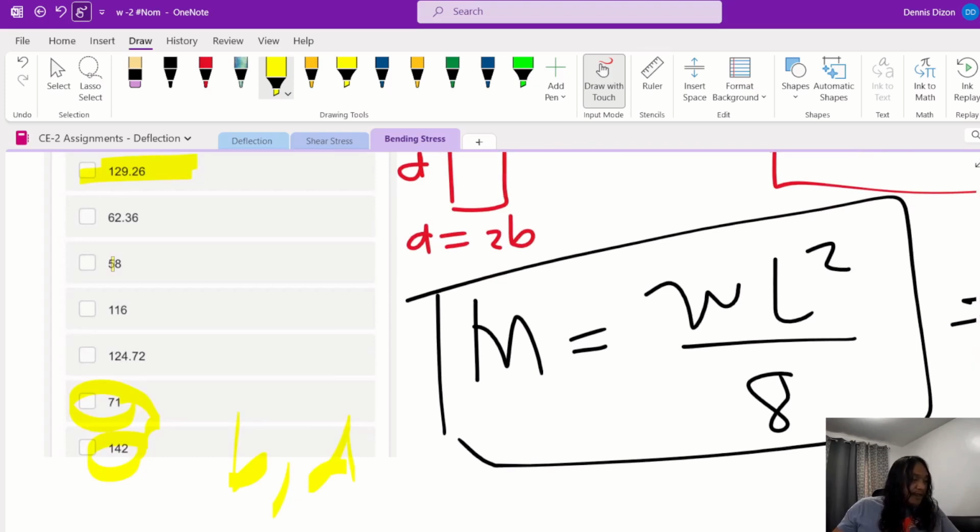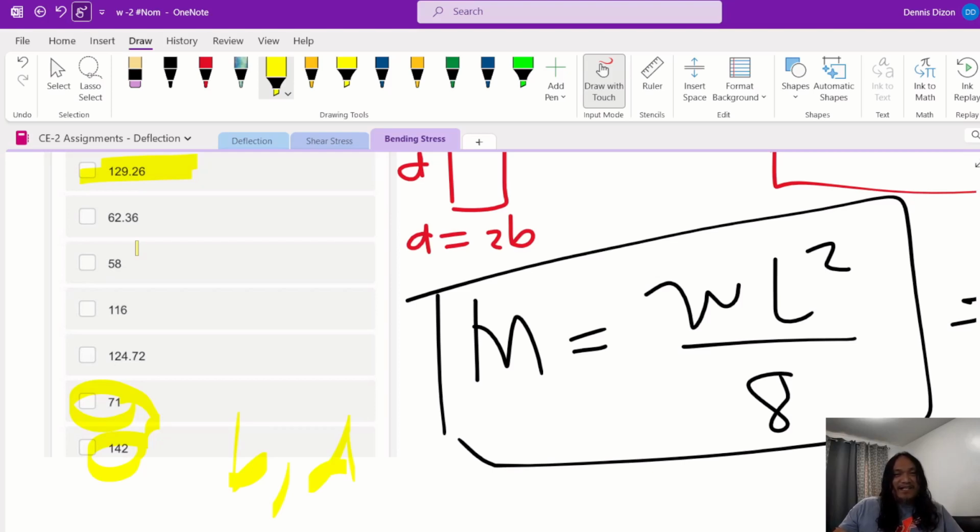For example, during the exam, in the board exam, the question will not ask you to determine the correct answer or dimension, but it is worded in a manner like which one most nearly gives the correct answer.